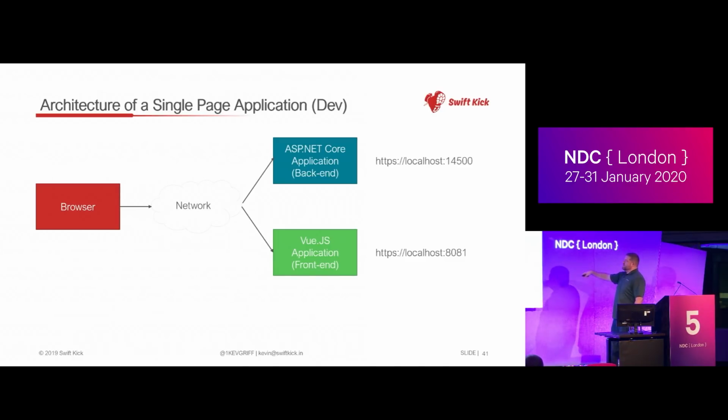Unless I tell ASP.NET Core, let everything in, or you can let localhost 8081 in. I don't like that approach because that's not how it is in production. In production, my HTML is going to get served up from the same URL. My API calls are going to get served up from the same URL. So I want dev to mimic prod as much as possible.